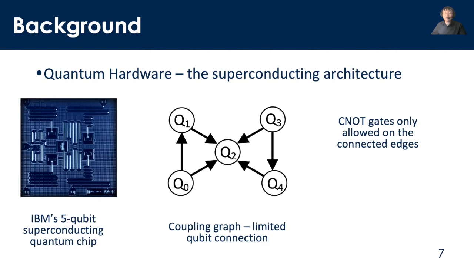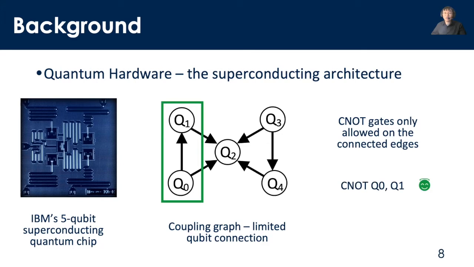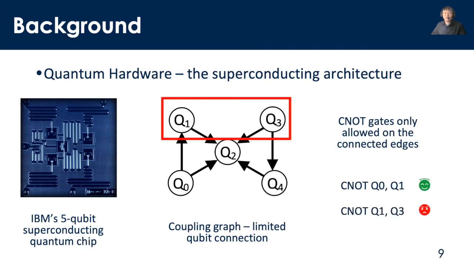And the constraint here is that the two qubit gates are only allowed on those connected edges. For example, if we want to run a CNOT gate on Q0, Q1, it is doable. But if we want to run a CNOT gate on Q1, Q3, this is not doable because these two qubits are not connected.